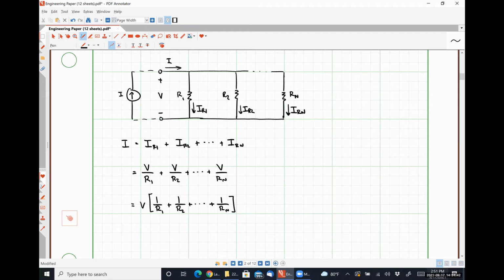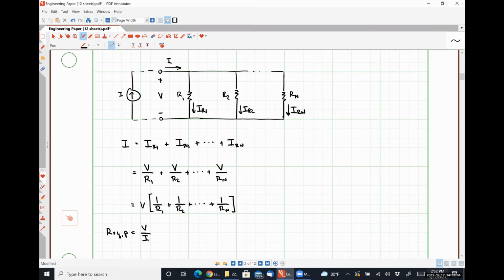So from the perspective of our current source now, we can see an equivalent parallel resistance, REQ,P, that will simply be our voltage V divided by our current I again.